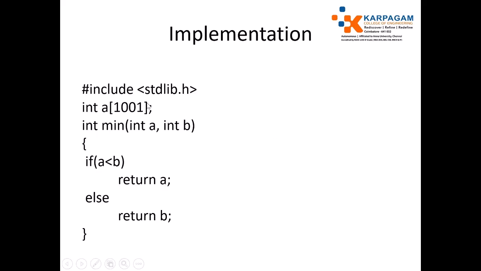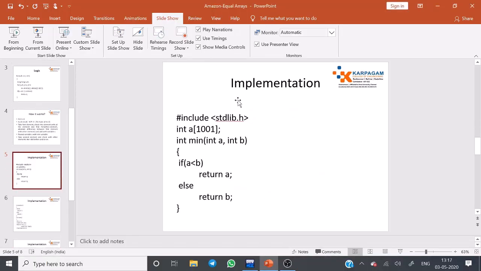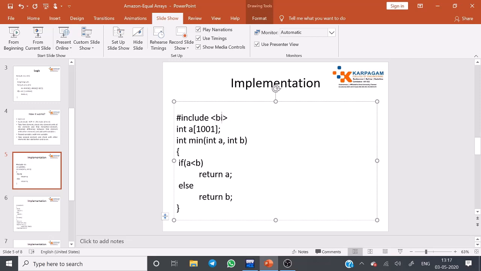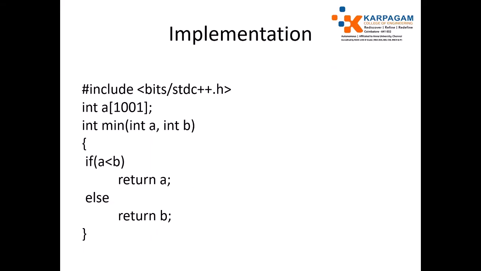First, you need to include the header file bits/stdc++.h. Okay. Create an array. The maximum array length is 10 to the power 3 only, no. So you can create an array statically, that is declare an array and allocate memory statically by using int a[1001], which can hold a maximum of 1000 elements.